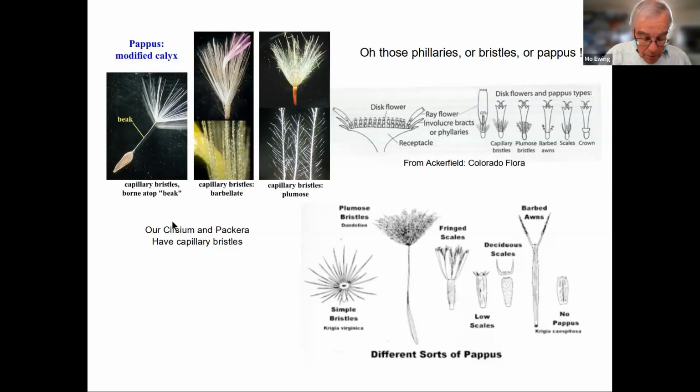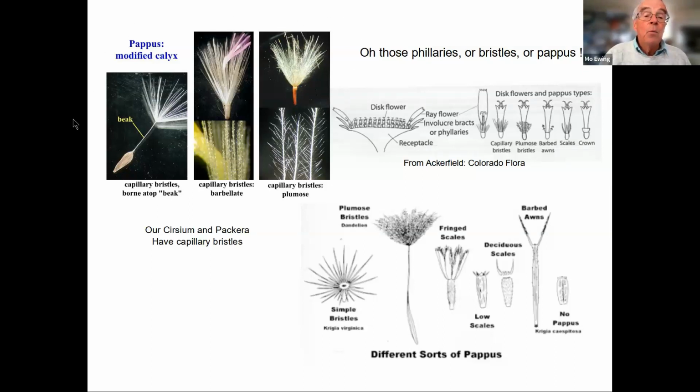One is capillary, where you just have straight hairs. Barbellate, which are hairs with little barbs on them. And then plumose pappus, which look like little feathers rather than single hairs.